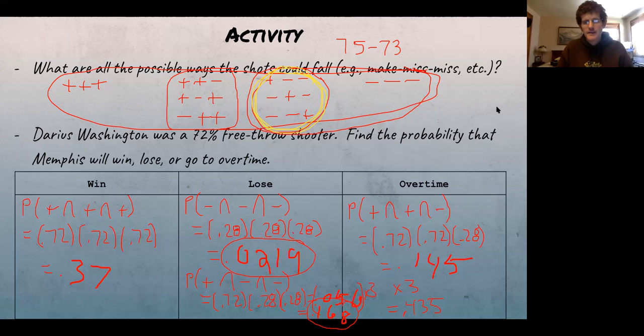Either one of these outcomes, where making 1 or making none, can be added together because they both mean a loss. Okay, I'm getting, let's just say all that matters is 19.1%, which it'll be about that.